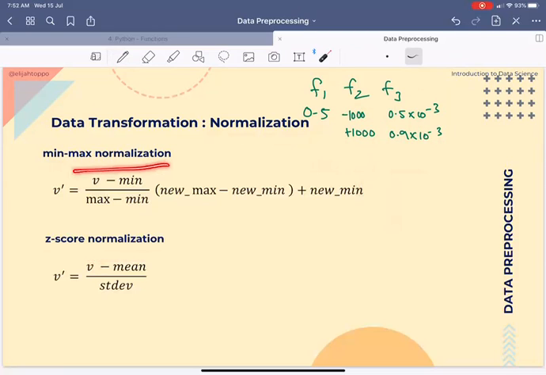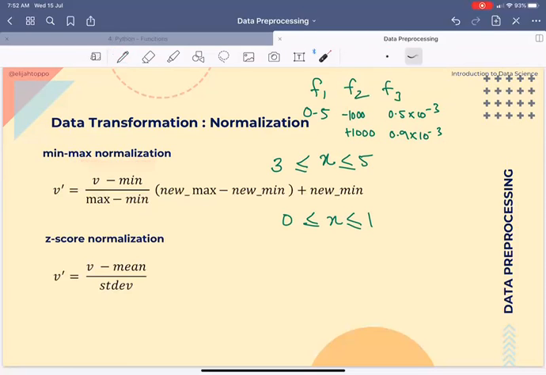So min-max normalization basically says that if I have, let's say, a variable x between the values 3 to 5, and I want to change this from 0 to 1, I will have to do min-max normalization.